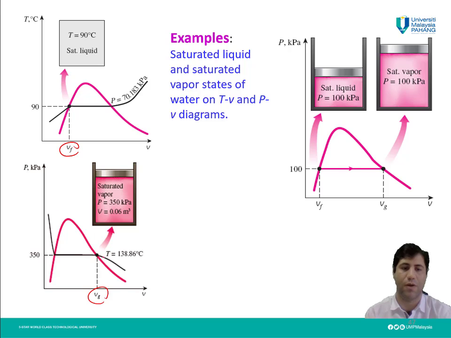For the TV diagram or PV diagram, this diagram I already introduced, you can see the properties for the substance in different states, and which states those tables are for. VF, VG, or other properties at the saturated liquid line and saturated vapor line, and also the differences between them, can be found in table A4 and table A5.